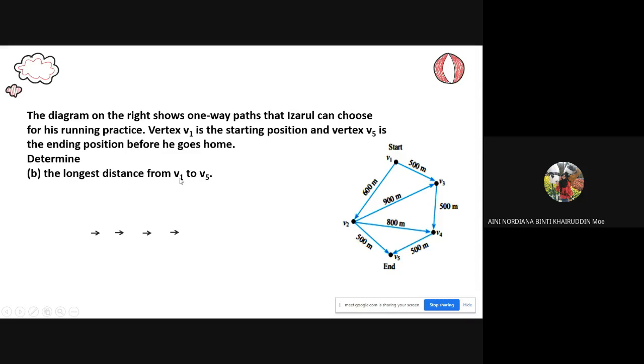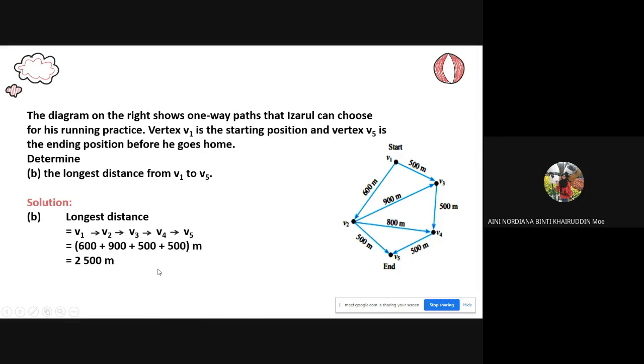For B, the longest distance. The longest distance is V1 to V2, V2 to V3, V3 to V4, V4 to V5, because it takes 2,500 meters.